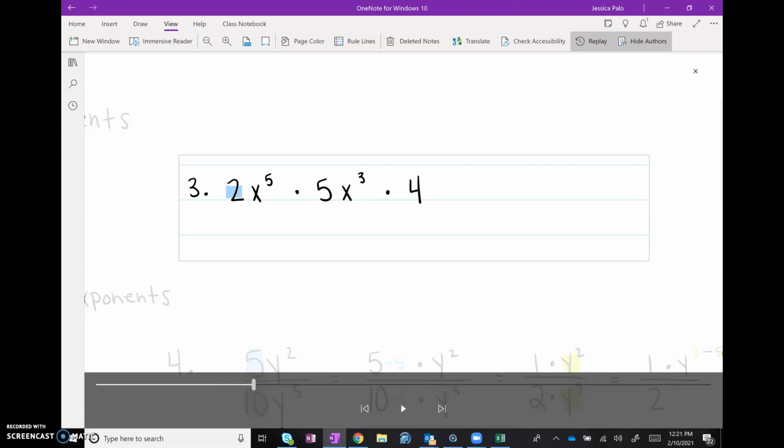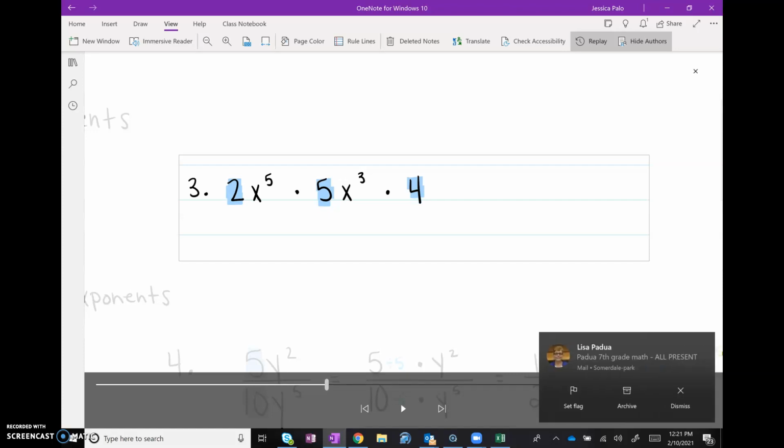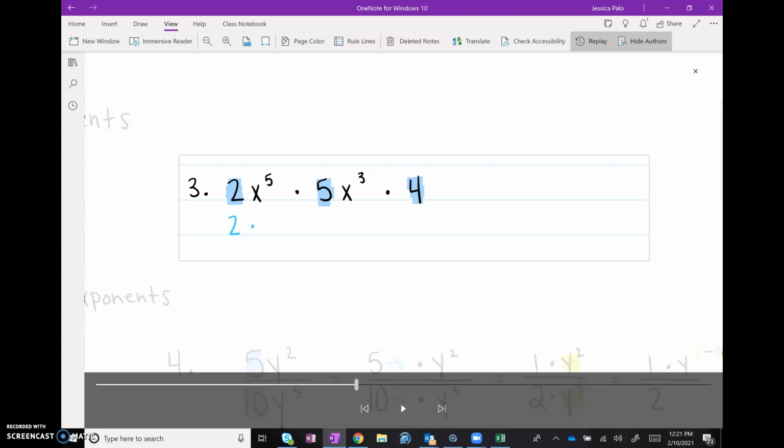The first thing you did was identify the coefficients. We have 2, 5, and 4. We want to put these in order. So we are going to separate our coefficients from our variables with exponents and put them first. 2 times 5 times 4 times x to the 5th times x to the 3rd.